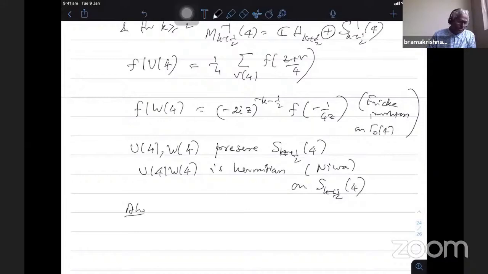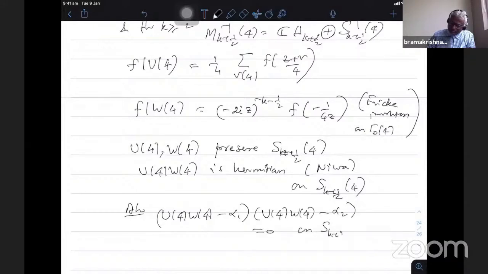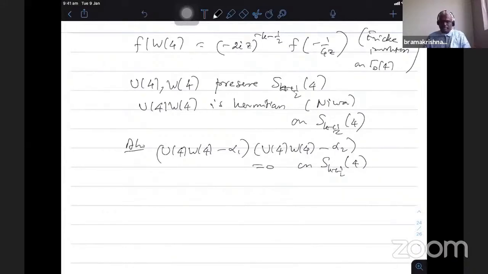It satisfies a quadratic polynomial on the space of cusp forms of weight k+1/2 and level 4, which is also (U4 W4 - alpha_1)(U4 W4 - alpha_2) = 0 on S_{k+1/2}(4). You can decompose this into two eigenspaces, eigenvalues. Therefore, when I expand it out, it satisfies the quadratic equation (U4 W4)^2, some constant times U4 W4 plus some constant equal to 0.